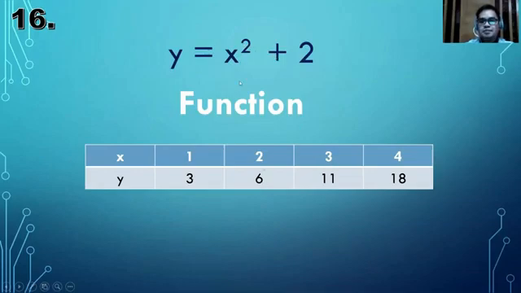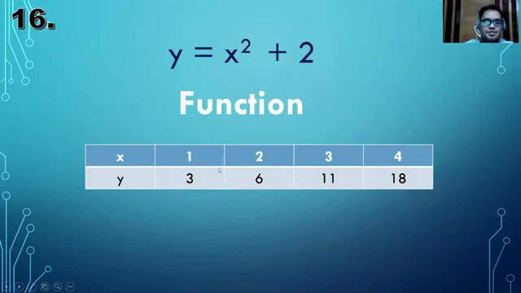And if we have 3, substitute the value of x, which is 3. 3 squared, that would be 9. Plus 2, that makes it 11. Next, 4. Substitute the value of x with 4. 4 squared, that would be 16 plus 2. The answer would be 18.